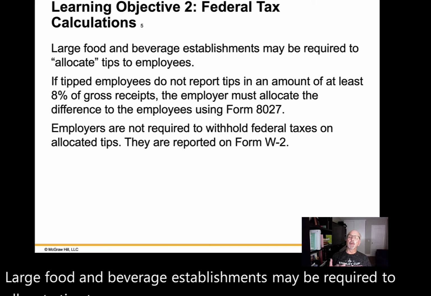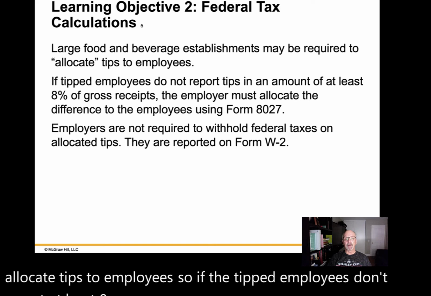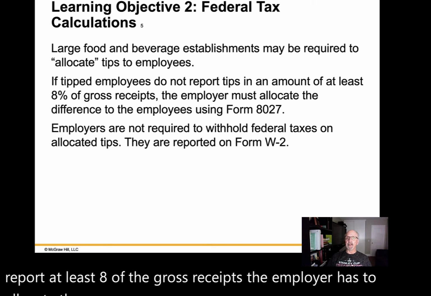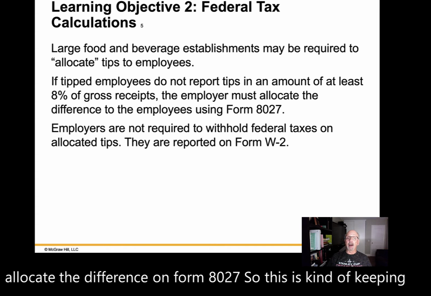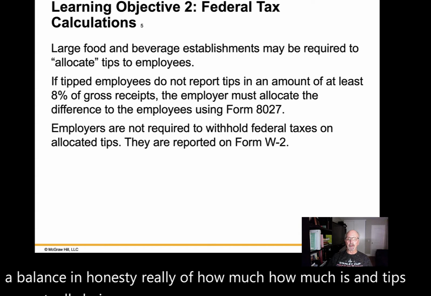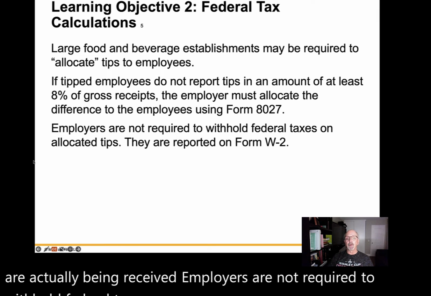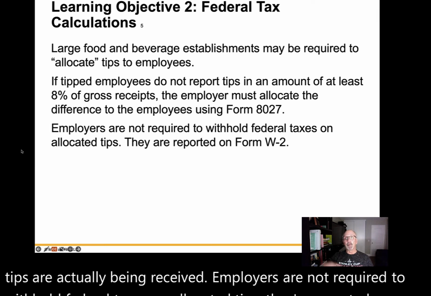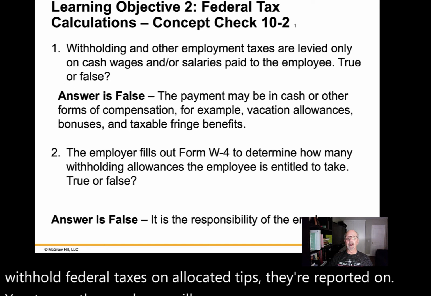So if the tipped employees don't report at least 8% of the gross receipts, the employer has to allocate the difference on Form 8027. So this is kind of keeping a balance in honesty, really, of how much in tips are actually being received. Employers are not required to withhold federal taxes on allocated tips. They're reported on W-2, so the employee will be reporting on that.